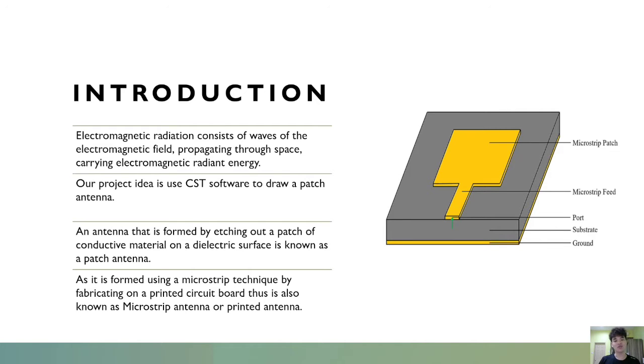An antenna that is formed by etching out a patch of conductive material on a dielectric surface is known as a patch antenna. This patch antenna is formed using a microstrip technique by fabricating on a printed circuit board. Thus, it is also known as microstrip antenna and printed antenna. The picture beside will be our model of the patch antenna.